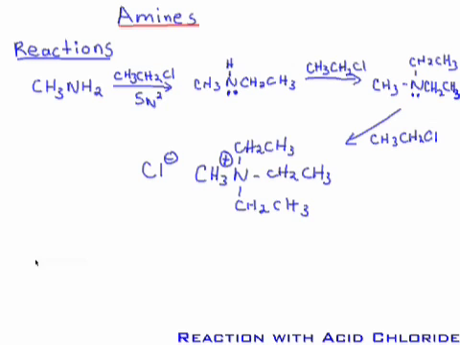You may recall that if we take an acid chloride from the carboxylic acid derivative section and react it with methylamine, we will produce a protonated amide. We'll get nucleophilic attack, kick out the chloride, nucleophilic acyl substitution.